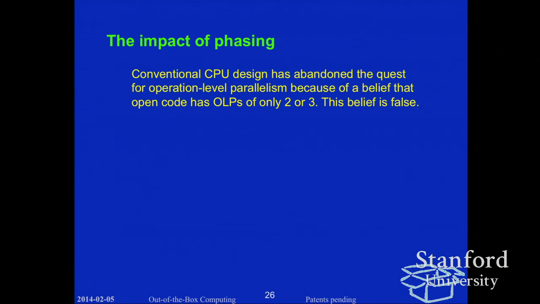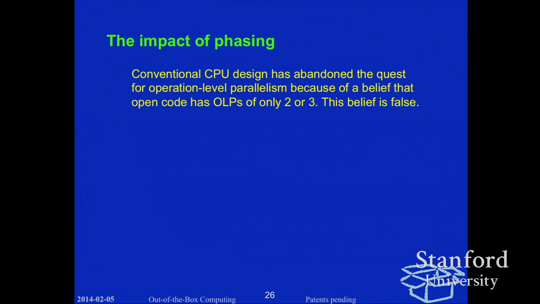Now, that explains what the mechanism is, but what's the benefit? There have been a ton of papers and studies and vast quantities of academic arguing over exactly how much instruction level parallelism is inherent in existing programs. Many of these papers wind up, if you look at them very closely, that all they're doing is measuring their compiler or measuring their measurement methodology.